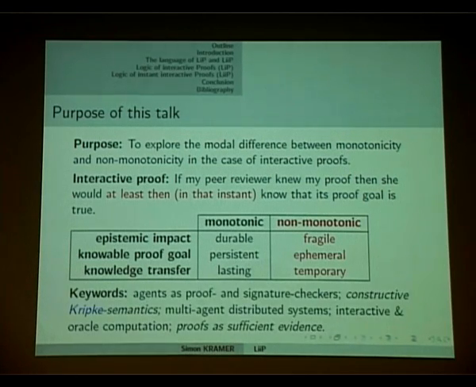Okay. So here, we look at agents as proof checkers. The peer reviewer who receives the proof is the proof checker, and they also act as signature checkers, as we will see. I would also like to mention this keyword, constructive Kripke semantics.